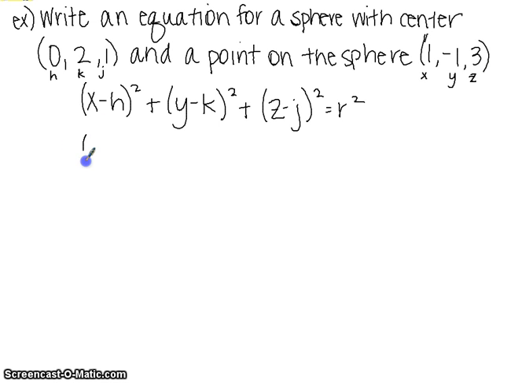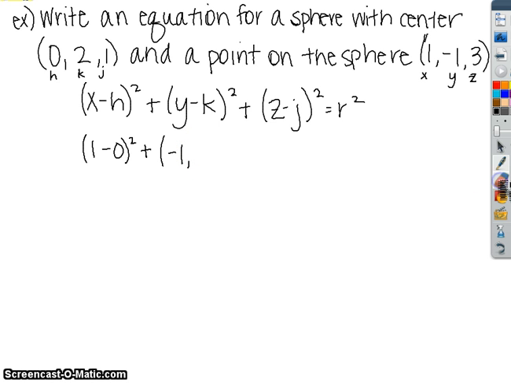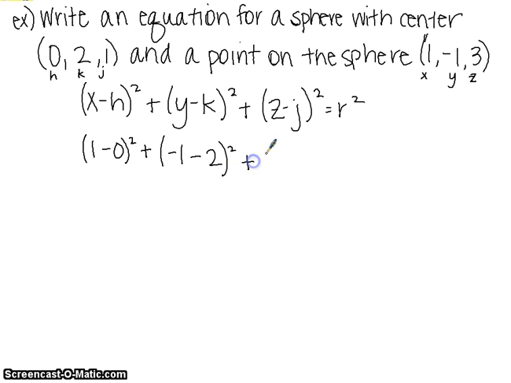Watch. We have an x coordinate of 1, and then our h coordinate is 0. We have a y coordinate of negative 1, minus our k, which is 2, and then we have a z coordinate of 3 and a j coordinate of 1.